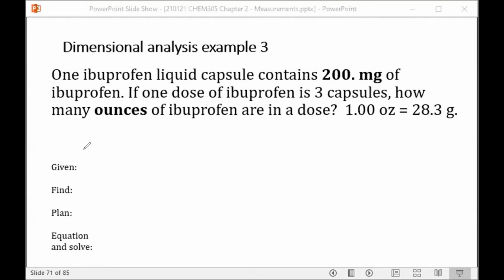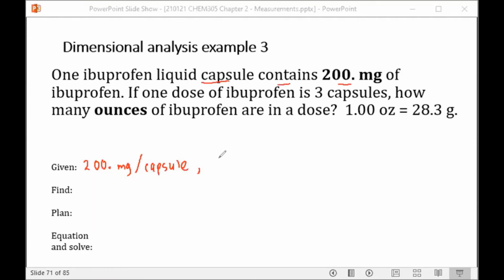So we are given 200. milligrams per capsule. One capsule contains 200 milligrams.